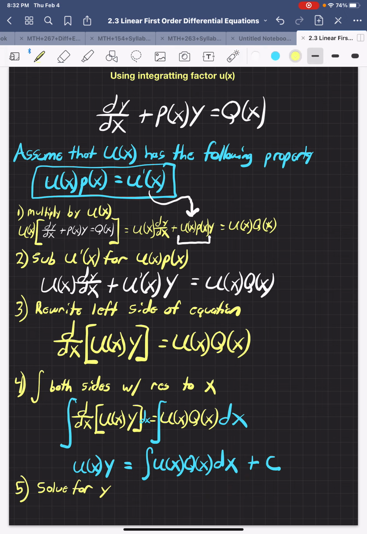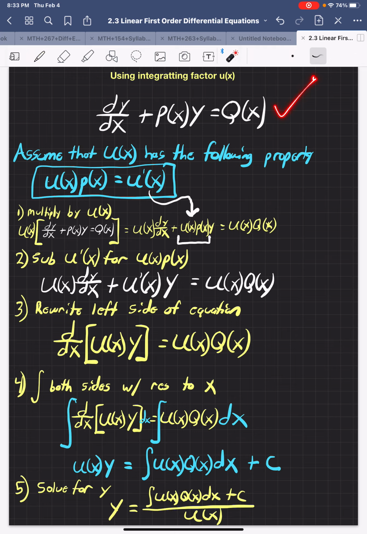So let me go ahead and write that result. So y, and remember that's y of x, is equal to the integral of u of x times q of x dx plus c, over u of x.